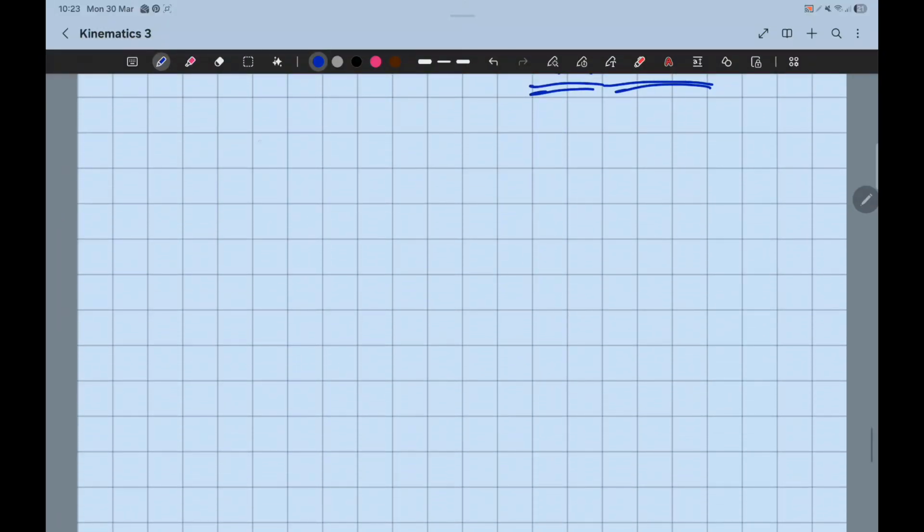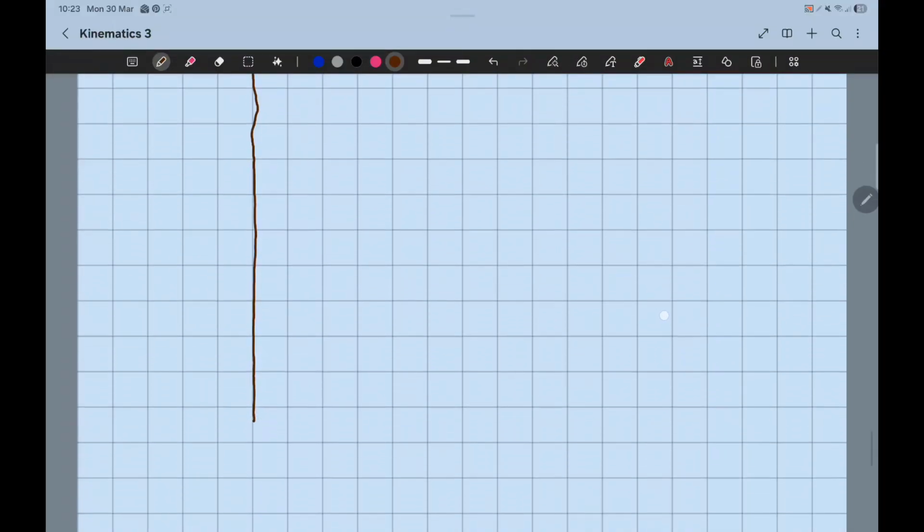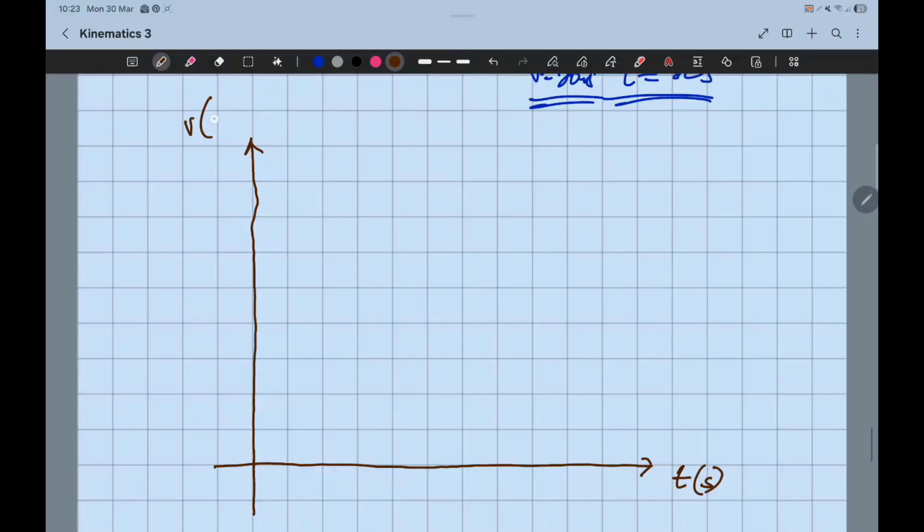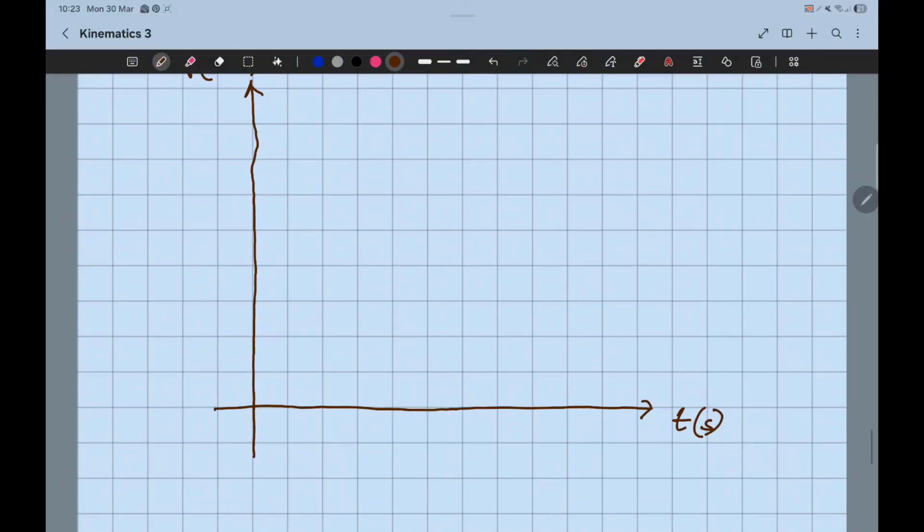Right, so let us plot this graph. Alright, this is a nice graph with arrows. So t we indicate our SI unit, v we indicate SI unit. So here we can go to 10, 20, 30, 40, so that it comes out clear.